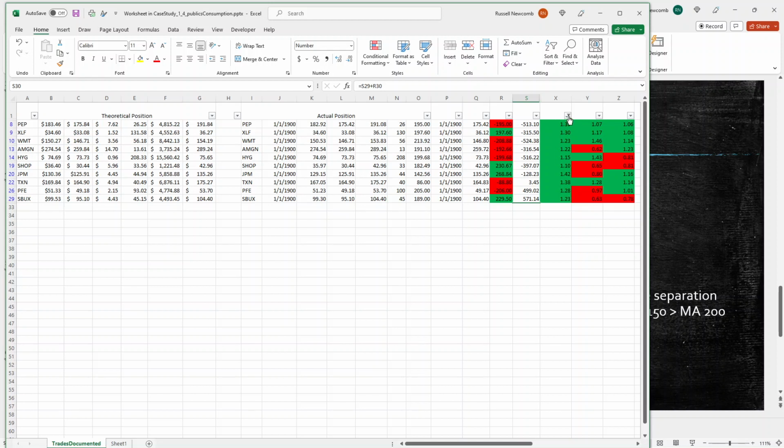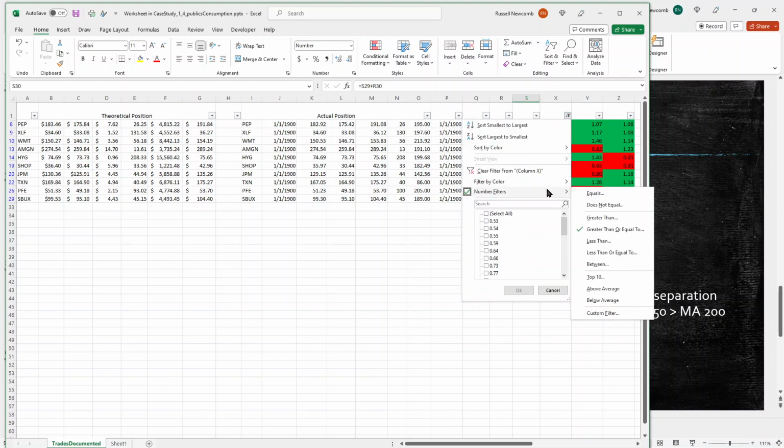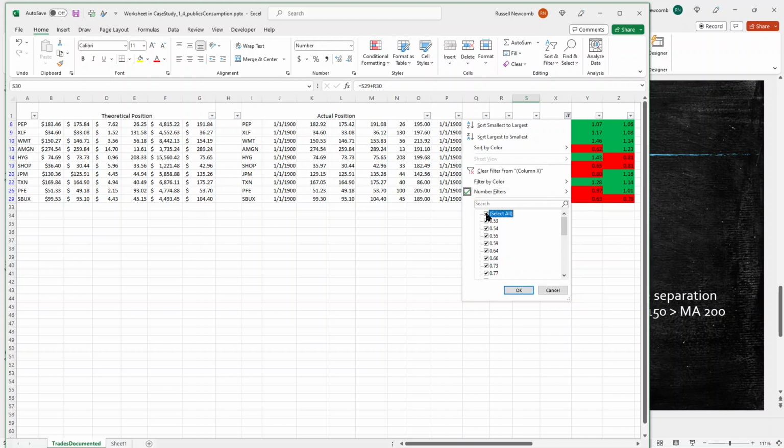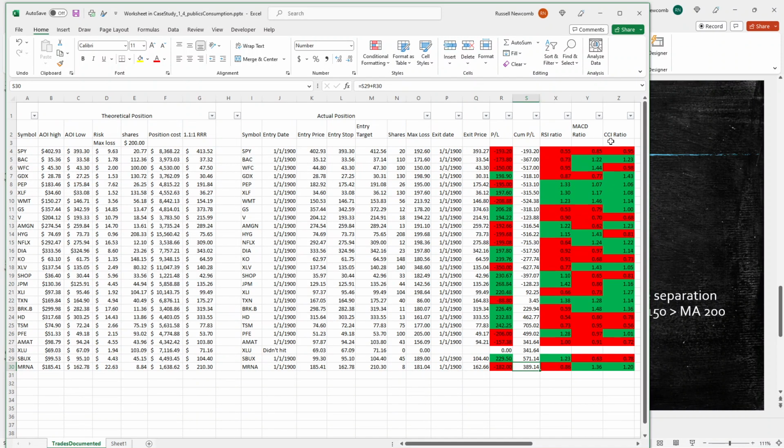Like for here, if I had this ratio as a requirement, have this ratio be larger than 1 in order to enter the trade, I would have had 4 winning trades and 6 losing trades. And you can do the same thing for the other parameters here.